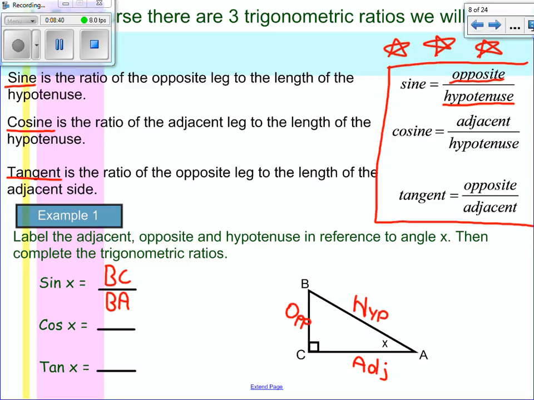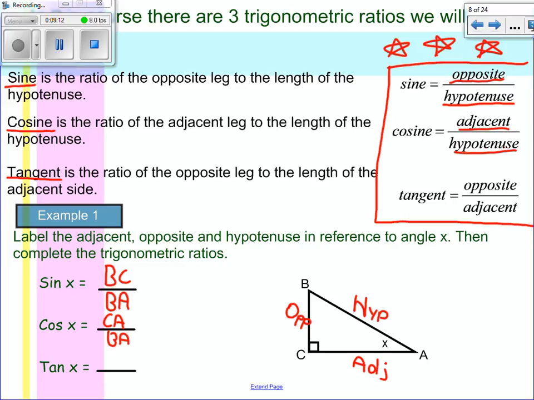So cosine, if we look up here in our formula, cosine is equal to adjacent divided by hypotenuse. Which sides are adjacent sides? CA divided by our hypotenuse, which is BA.